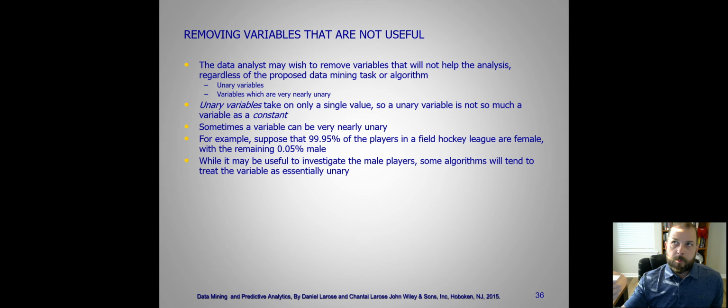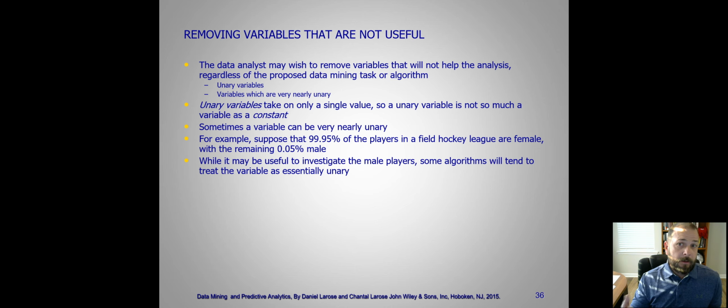And a lot of the time when we're doing statistical analysis, we don't necessarily need an entire variable to be a constant, right? We need some variability in there to draw any inferences out of it. Sometimes the variables can be nearly unary, all right? So suppose that you have 99.95% of the players in a field hockey league data set are female, and the 0.05% are male, all right?